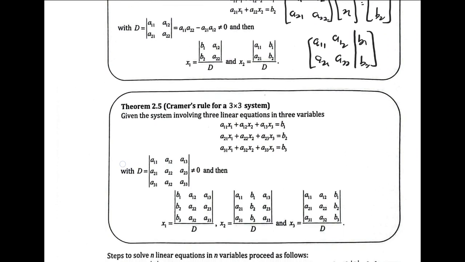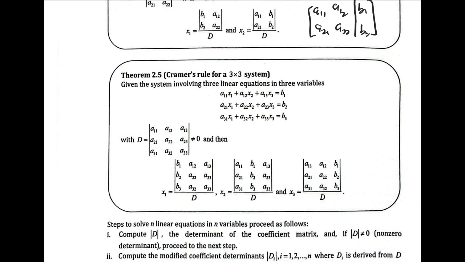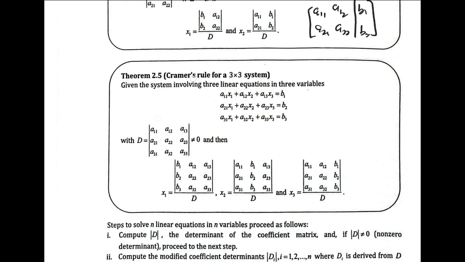Now, the same idea can be applied for Cramer's rule for a 3 by 3 system, where you have 3 equations with 3 variables. If you write it in augmented matrix form, this is how it should look, with b1, b2, and b3.